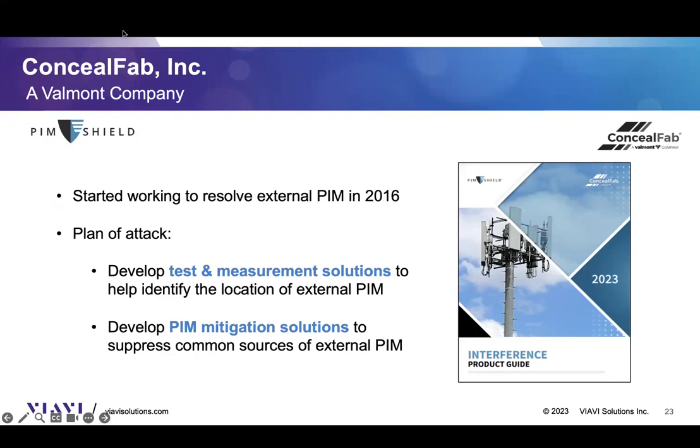Our primary goal is to develop and sell products to fix the problems that are commonly occurring at cell sites. But we found out very early in the process that if you want to sell products to fix PIM, you have to have trained crews out there that can accurately locate where the PIM is coming from at the site. So for that reason, we've become heavily involved in the test and measurement side of the business. All right, next slide.